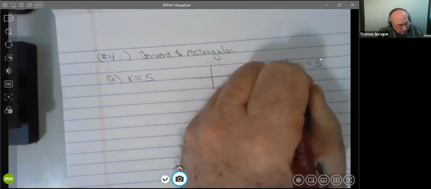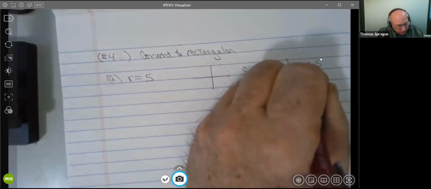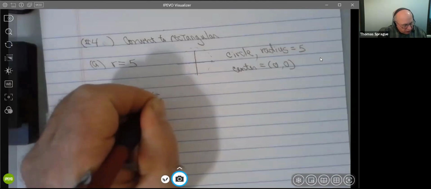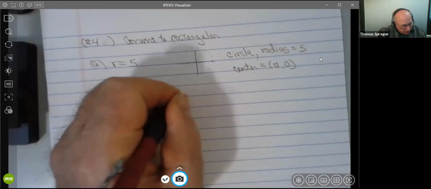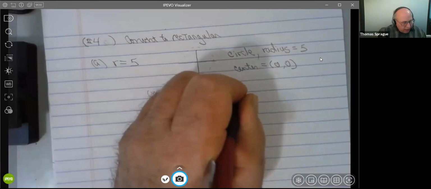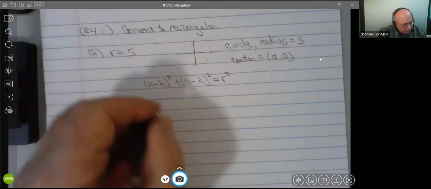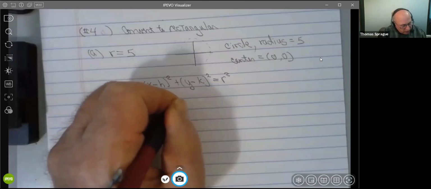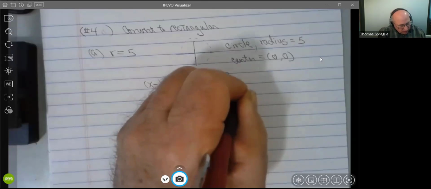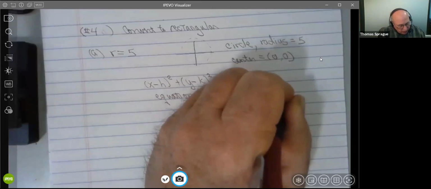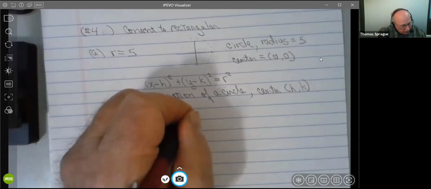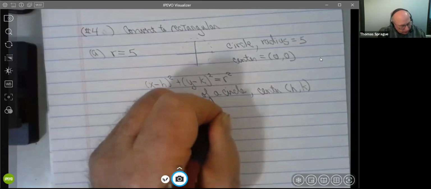Center is 0, 0. Now, the way I did this one is I just know this equation, x minus h squared plus y minus k squared equals r squared. That's the standard form for the equation of a circle that has center h, k and radius r.